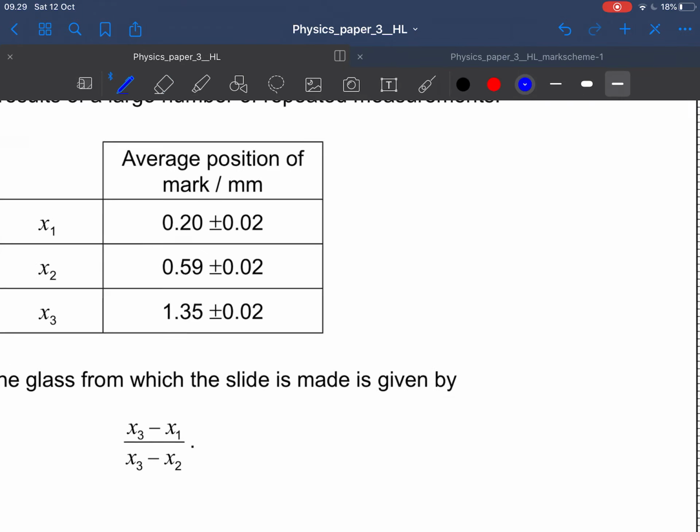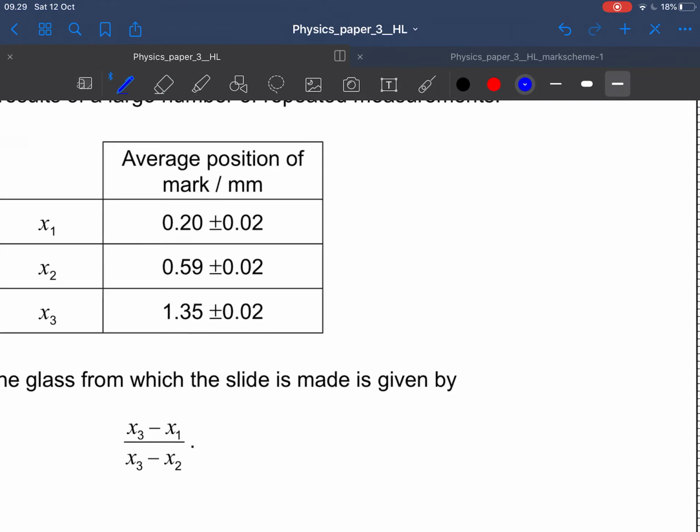So to make this a bit easier, I'm going to assume that x3 minus x1 is equal to A, and x3 minus x2 is equal to B. So essentially what we have is the refractive index is equal to A on B. And that means the uncertainty in n on n is equal to the uncertainty on A on A plus the uncertainty of B on B. And that means we can just multiply this out by n. So we get here that.